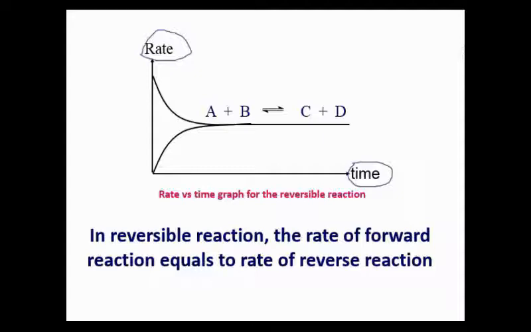When the system reaches equilibrium, we can see the rate of forward reaction is equal to the rate of the reverse reaction. So we can say at this point, at TA, the reaction had achieved equilibrium.